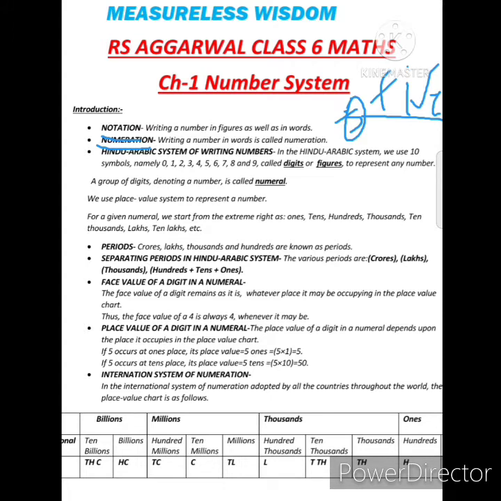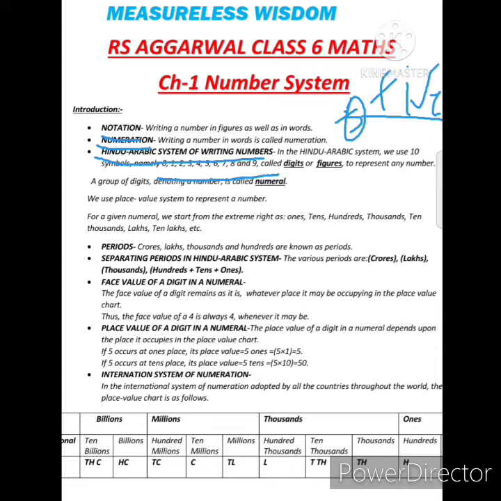Okay, so our next topic is the Hindu-Arabic system of writing numbers. In the Hindu-Arabic system we use 10 symbols, namely 0, 1, 2, 3, 4, 5, 6, 7, 8 and 9, called digits or figures, to represent any number.